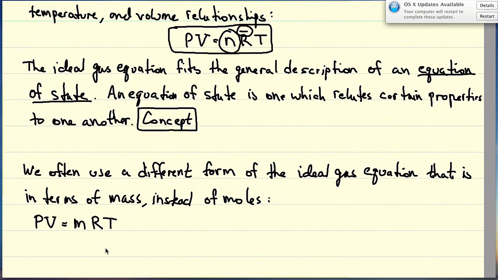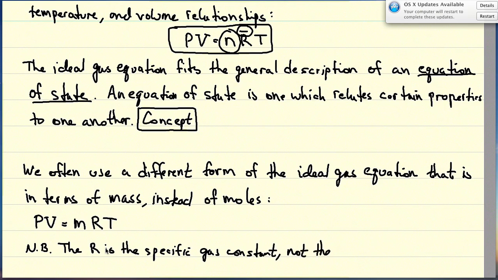Okay, so let me just go ahead and define some of these properties for you. Or actually, before I do that, let me just say: note well, NB, which is Latin for nota bene, that the R is the specific gas constant, not the universal gas constant.